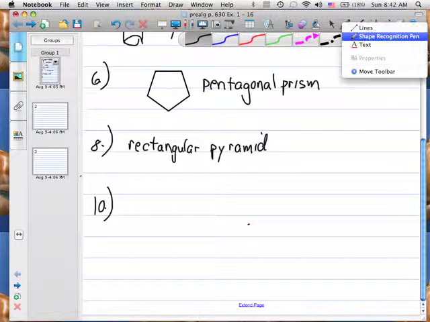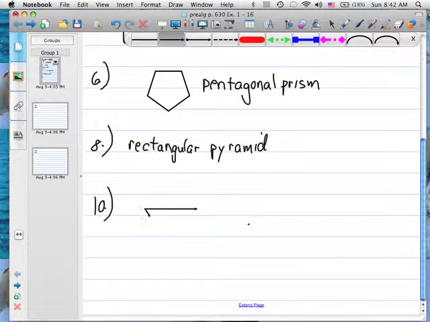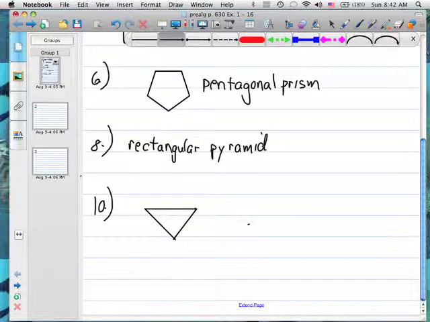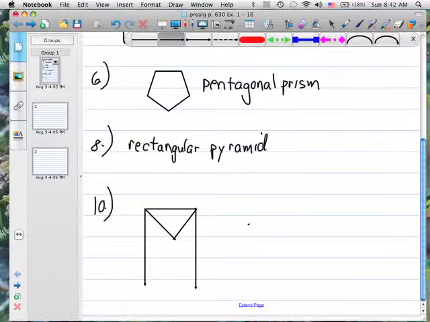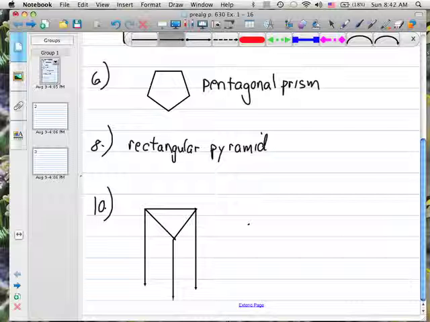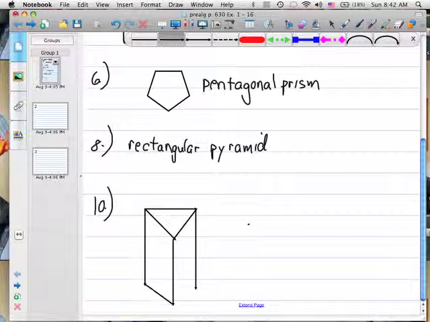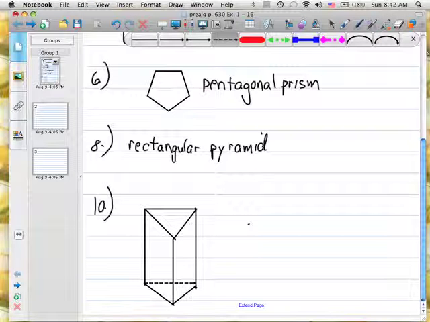So, if we make a turn, make lines like that, and then bring this down, and this down, and this down, and the sides that we can see are always solid, and the sides that are actually hidden, we use dash lines, so that would be dash back here. So there's a triangular prism.